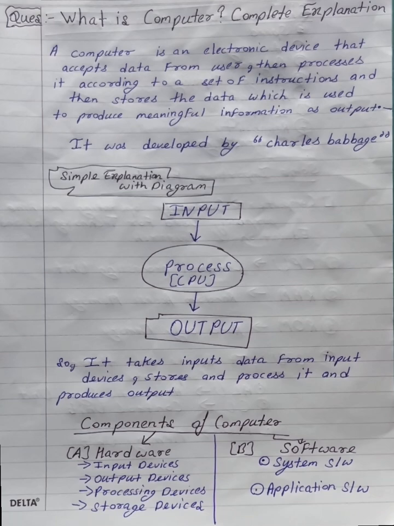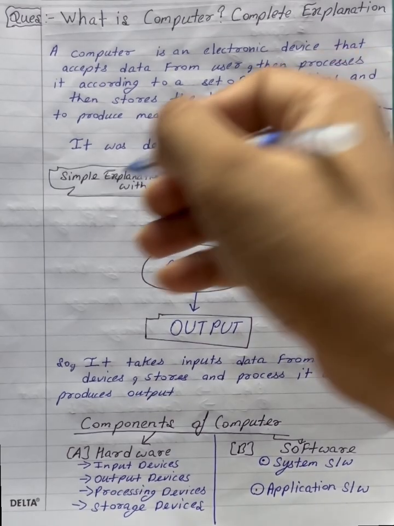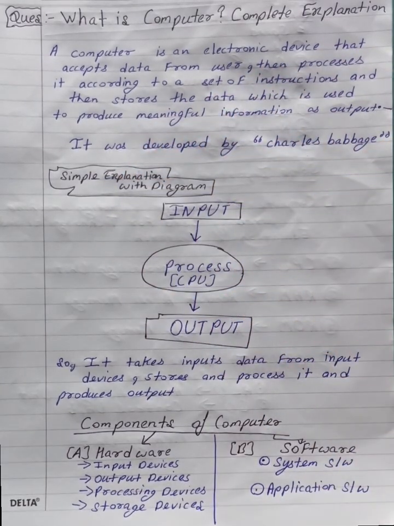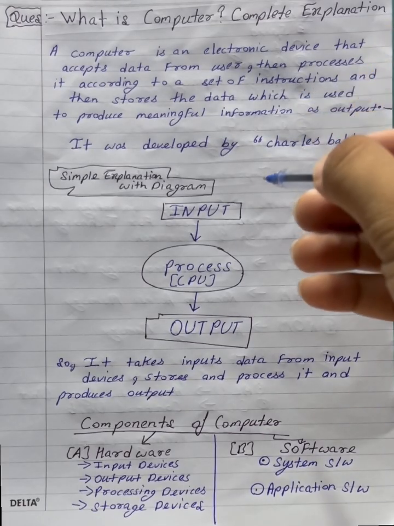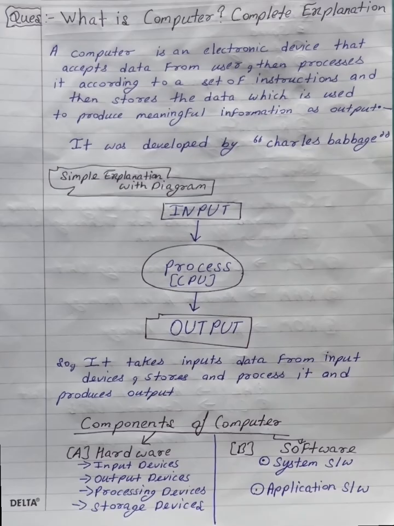So let's understand the working of a computer with a simple diagram. This diagram consists of three units: input unit, process or CPU unit, and output unit.